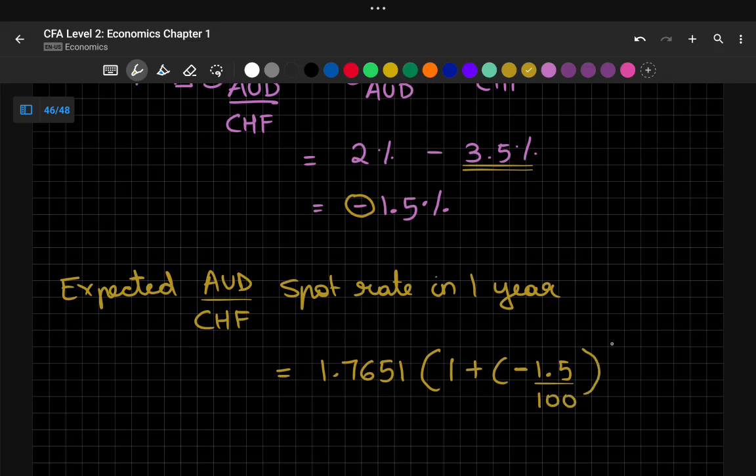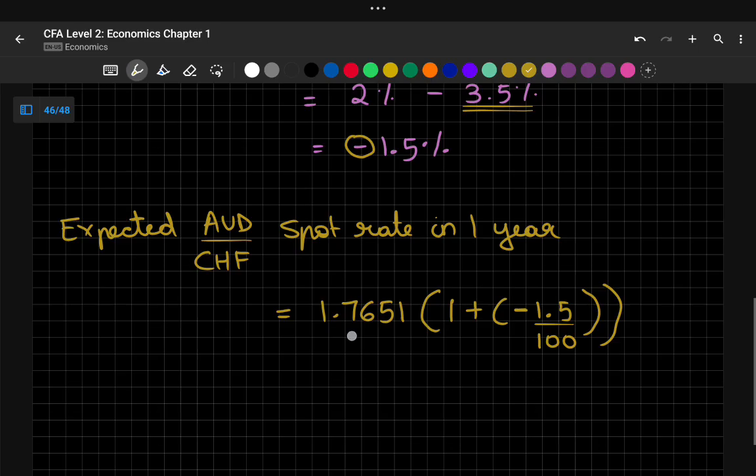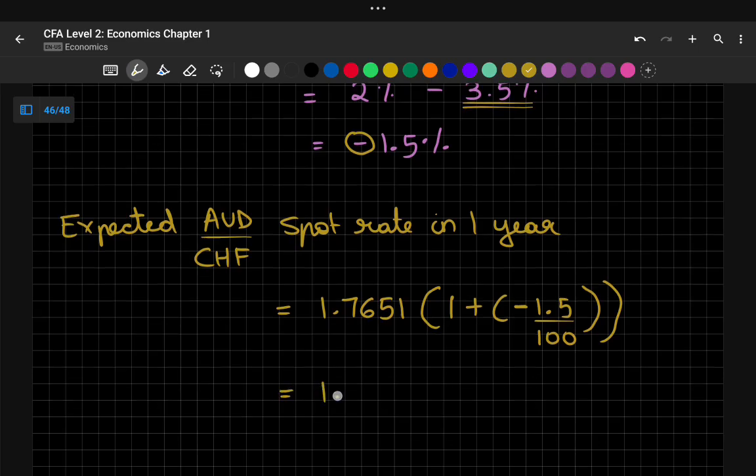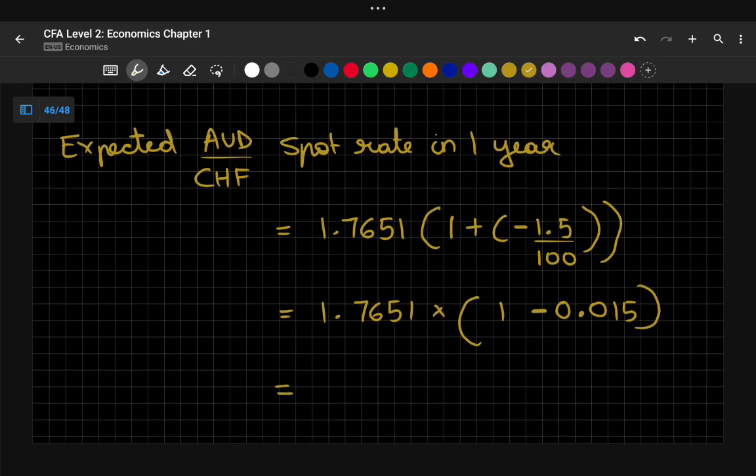Okay, so this would be equal to 1.7651 into 1 minus 0.015, and this will come to be 1.7386.